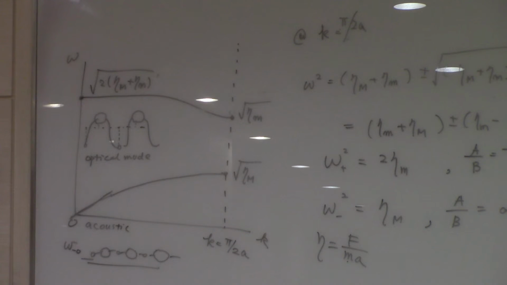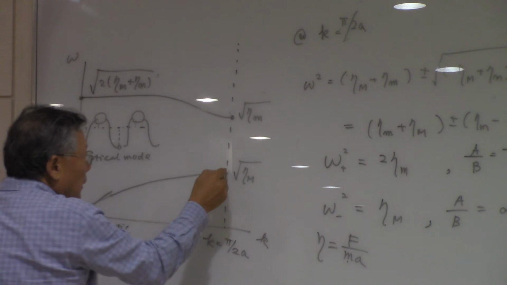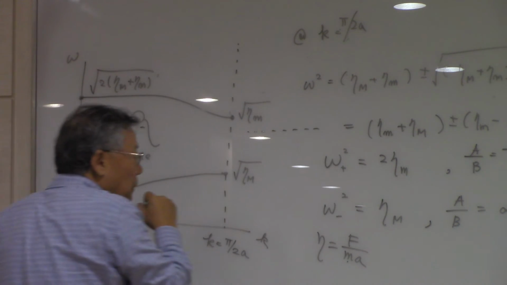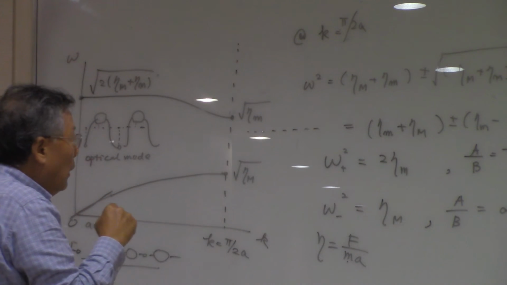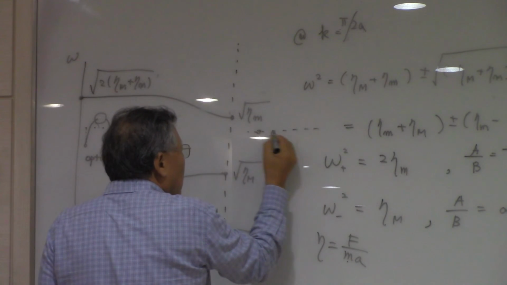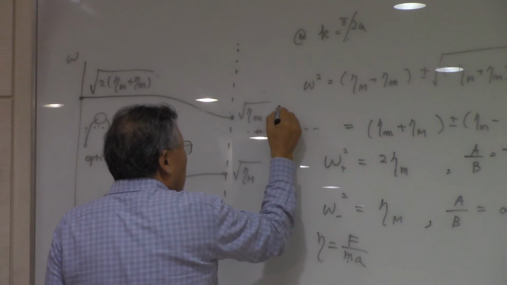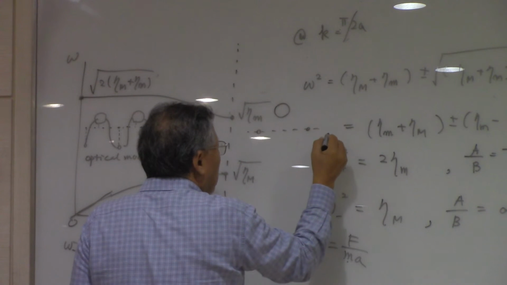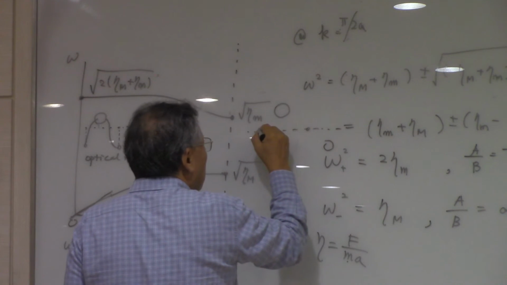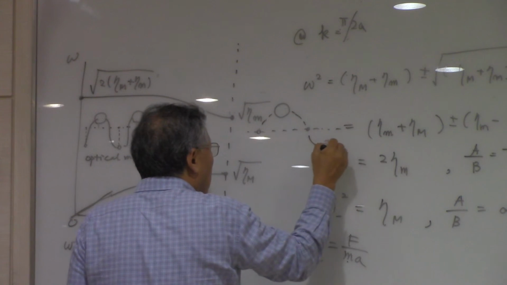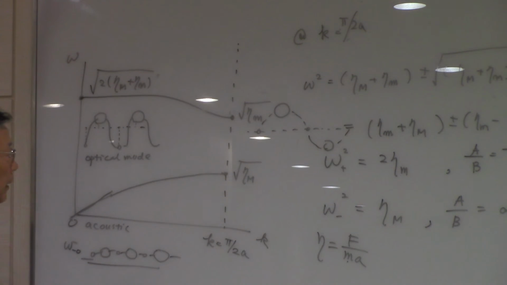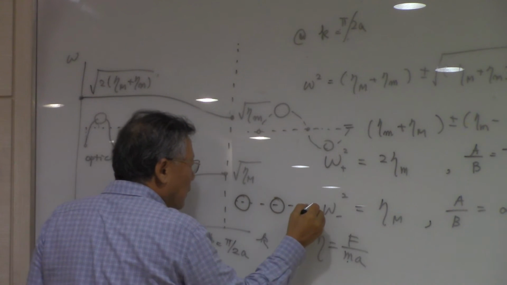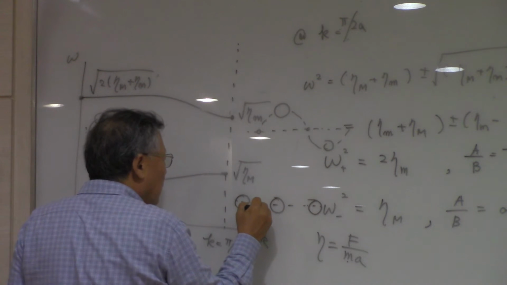All right? Now, what happens in this case, it means that at this part, one of the atoms is not moving, and only the big atoms are moving in this case, so that the wave is going to look like this. And in this case, the heavy atoms are sitting in the rest position, and the small atoms are going to move.